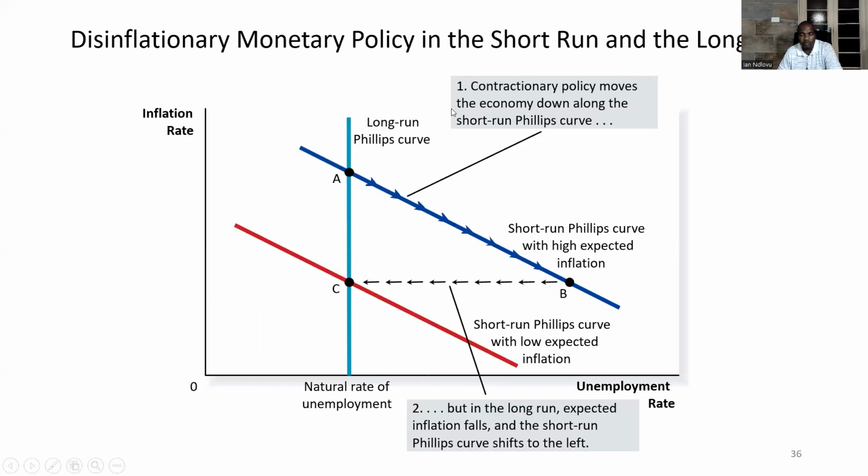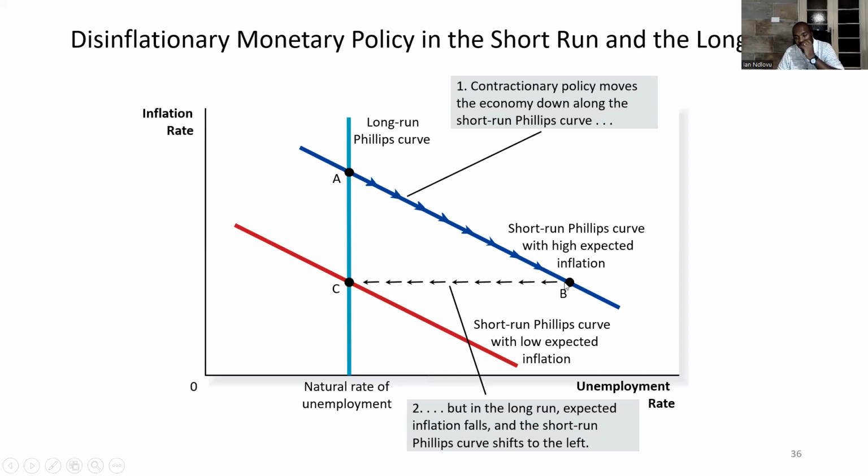So if there is disinflationary monetary policy, this disinflationary monetary policy will cause a movement along the short-run Phillips curve A, from point A to point B, where the unemployment rate has increased because we are trying to push inflation down.